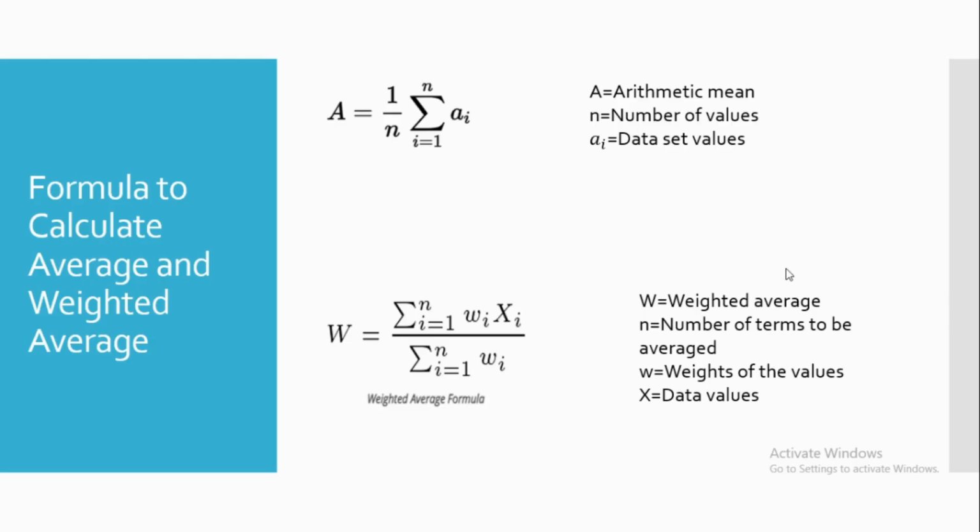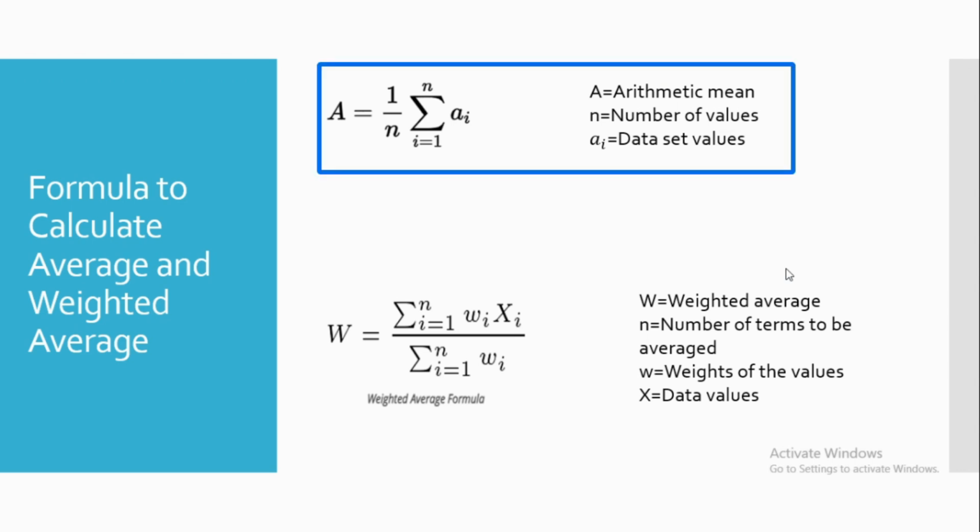Before we proceed, let's move back to our slide. Here you can see the formula to calculate the basic average, and the formula to calculate the weighted average. With the basic average, the average is simply the sum of the set values divided by the number of values.